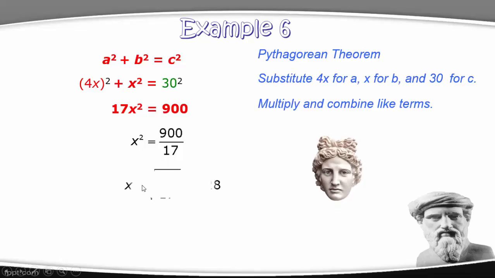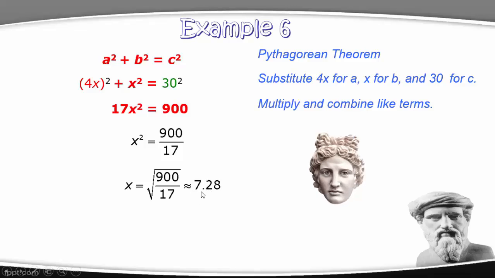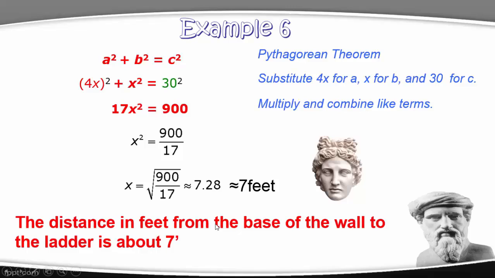We take the square root of both sides, and after we plug these into our calculator, it tells us that x is approximately 7.8 feet, but since we're told to round to the nearest foot, that means it's approximately 8 feet. So the distance in feet from the base of the wall to the ladder is about 8 feet.